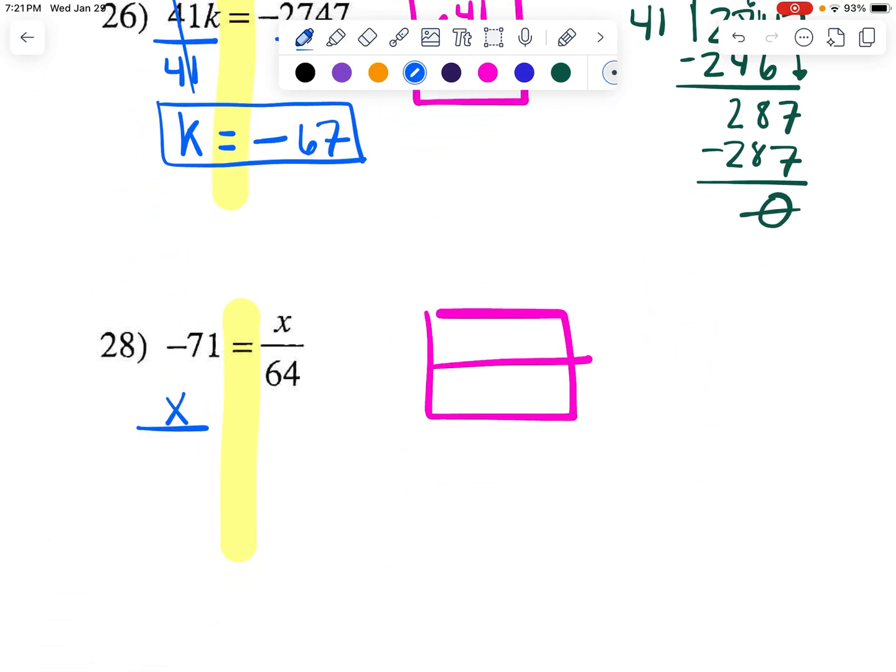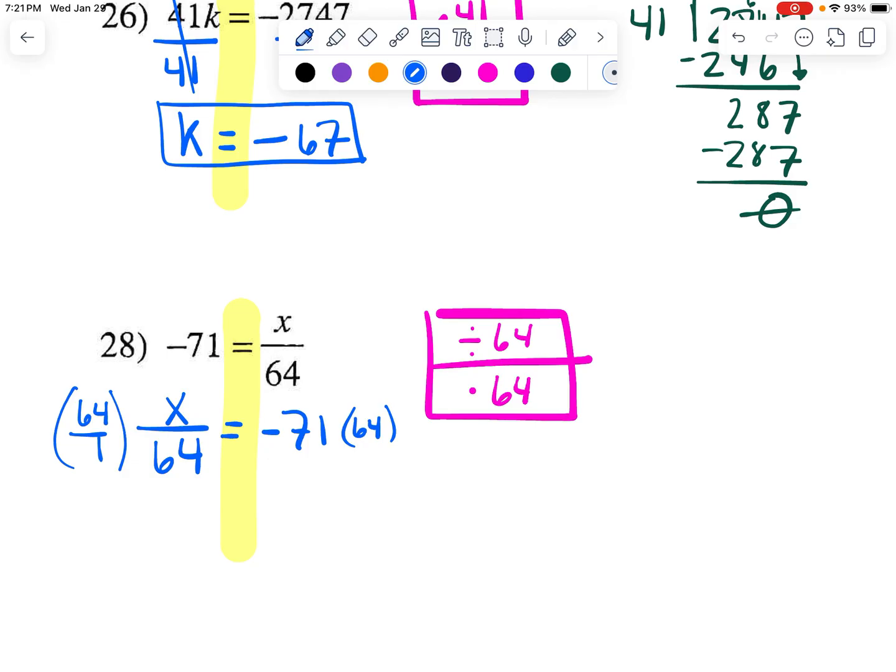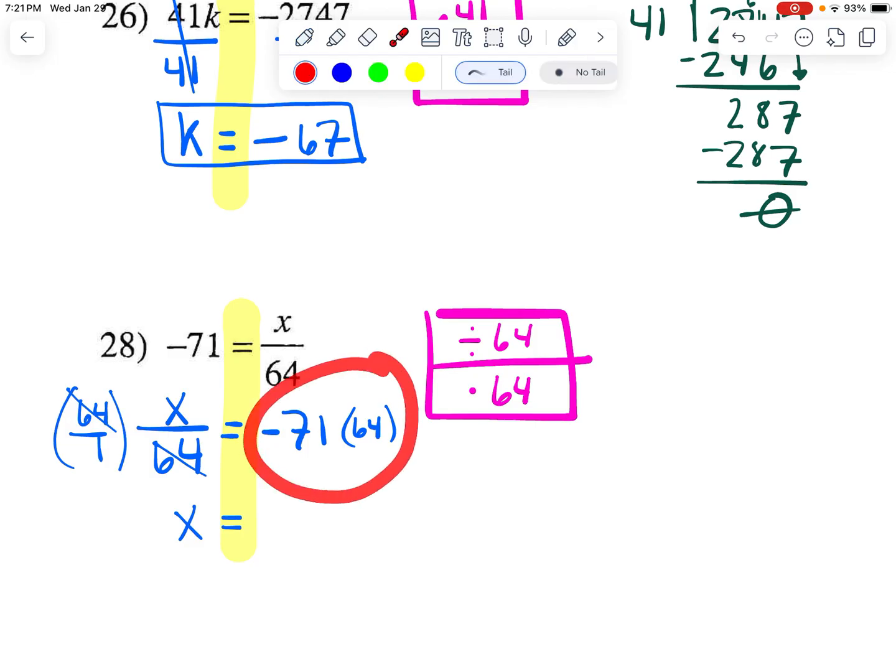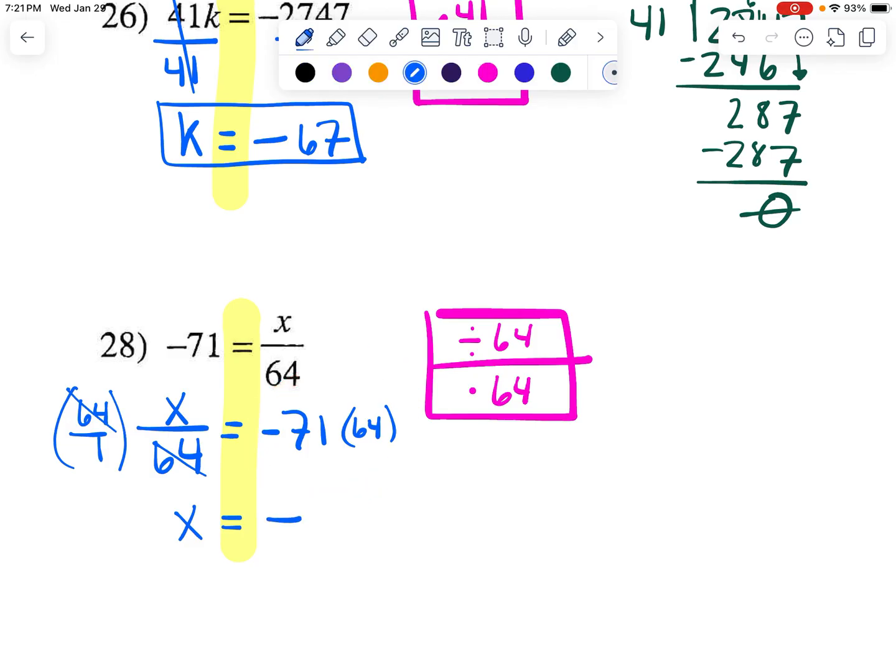All right, I have x divided by 64 is equal to negative 71. So x is being divided by 64, which means we times by 64. Hugs on the left, hugs on the right. On the left, those 64 numbers would cancel, leaving us with 1x. I know that a negative divided by a positive is a negative.